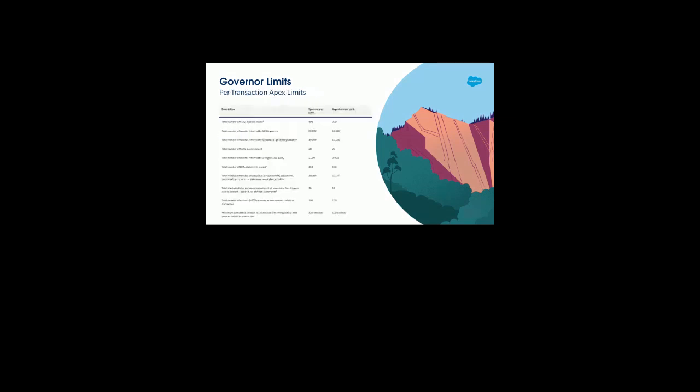Some of the limits that I have added in this presentation: the total number you can use per transaction for synchronous SOQL, and the limits are different for synchronous and asynchronous.